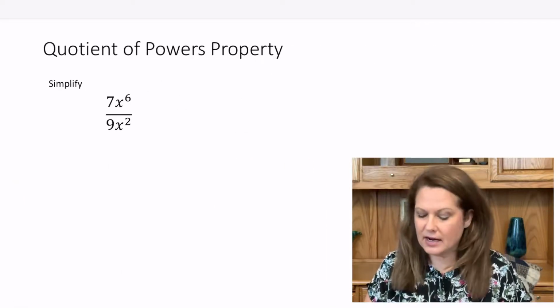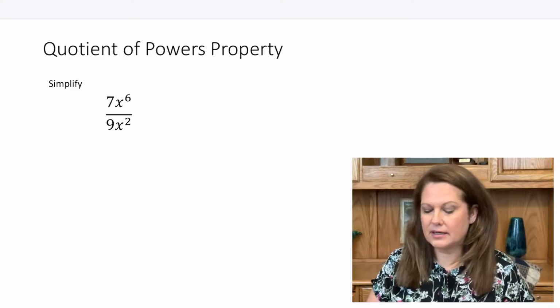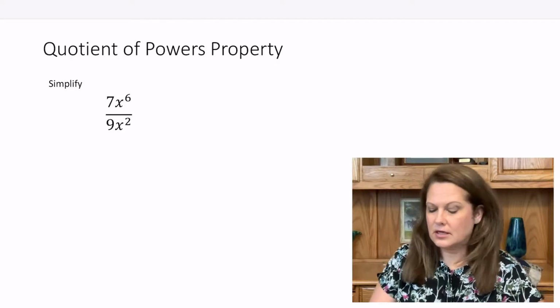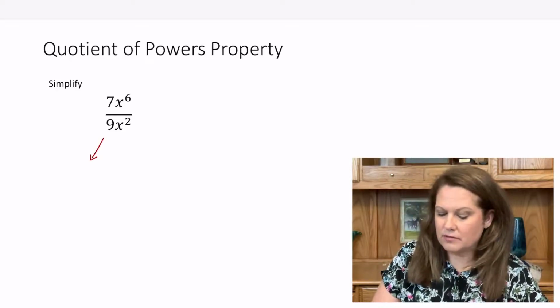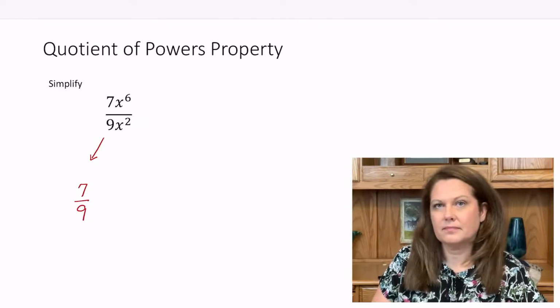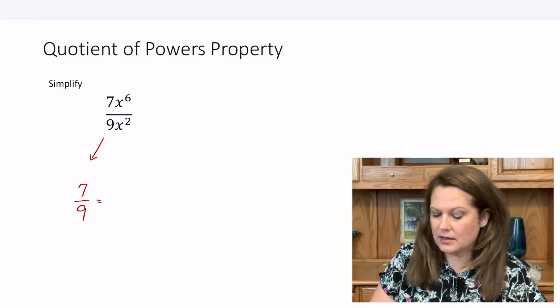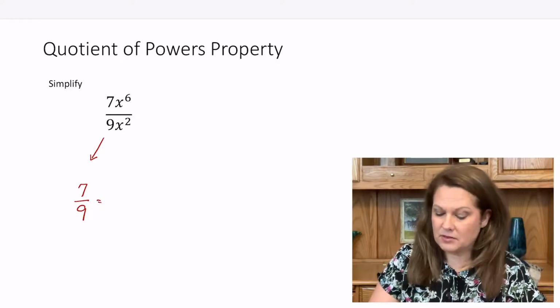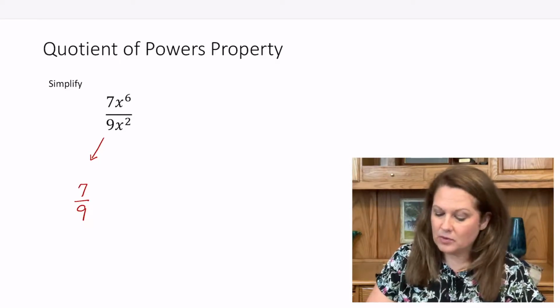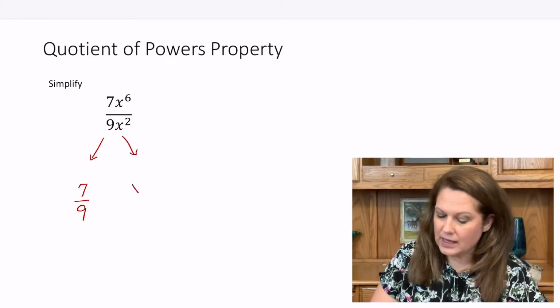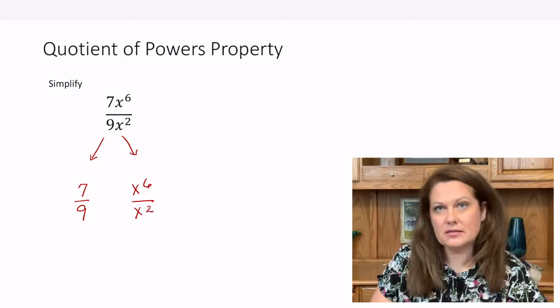Notice we have 7x to the 6th divided by 9x to the 2nd. Break your coefficients off. Can you simplify 7/9? I hope you said no, because it is already in simplest form. Now let's break our powers off. So if we have x to the 6th divided by x to the 2nd, do we have the same bases?